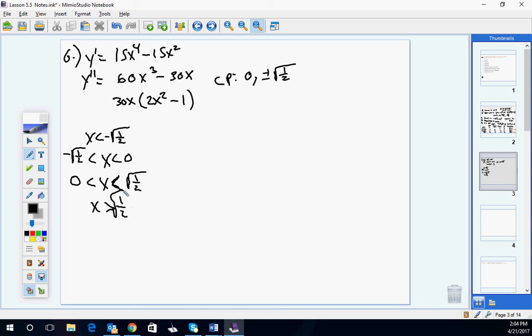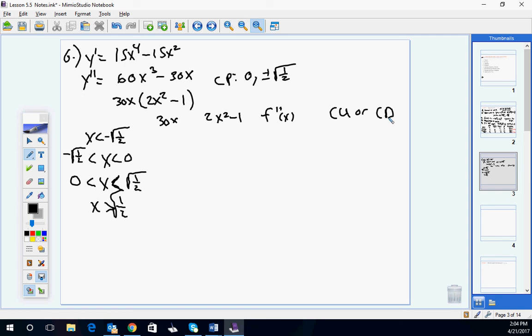Okay, and then we want to test. CU is concave up, CD is concave down.